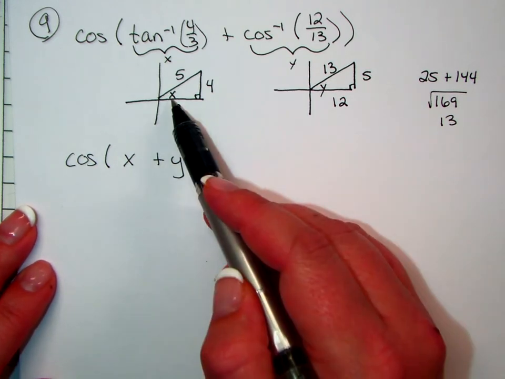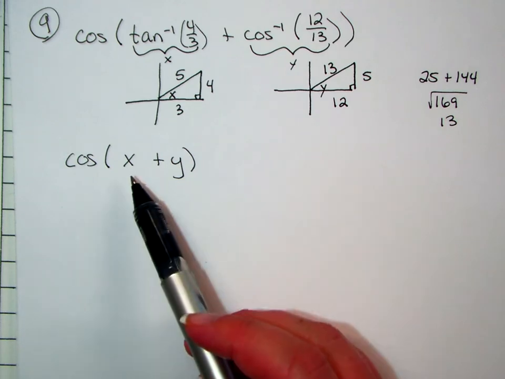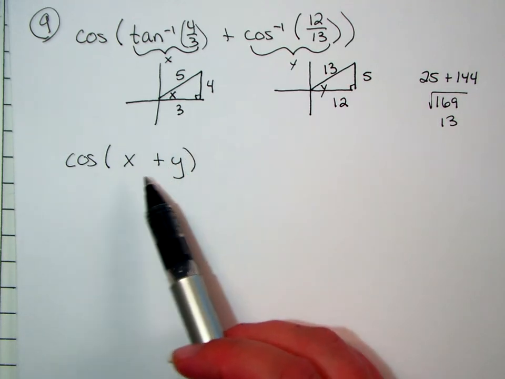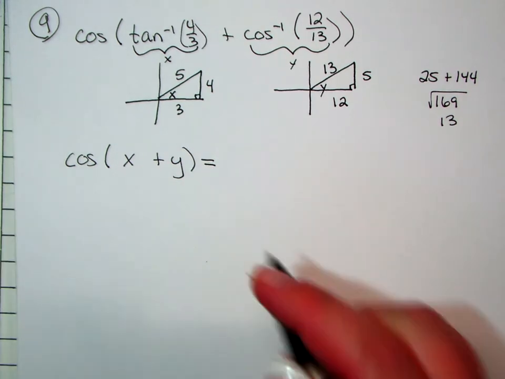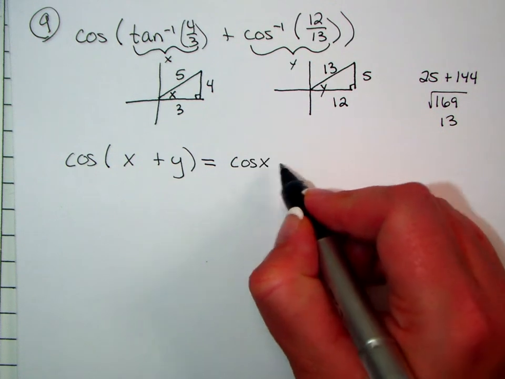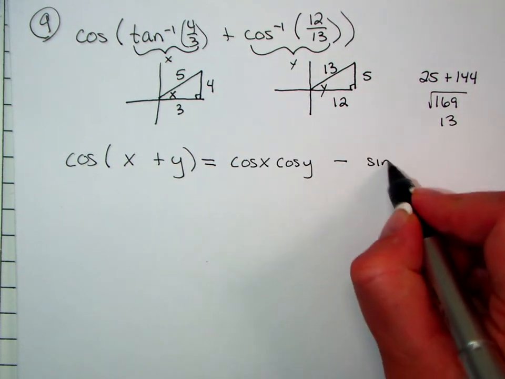And even though I don't know the exact value here, I can still evaluate them if I use the triangles. Right? So first I'm going to use the sum formula for cosine. The sum formula for cosine, cos minus sine. Right? So cos minus sine.